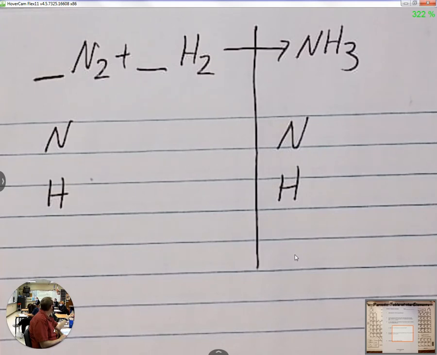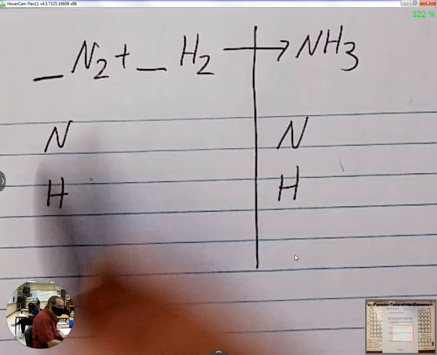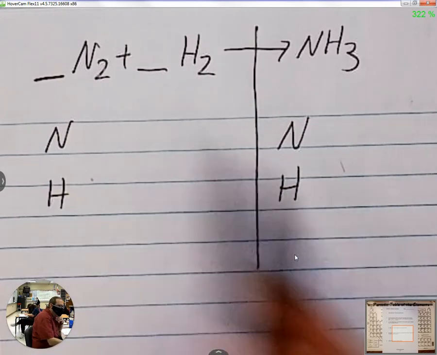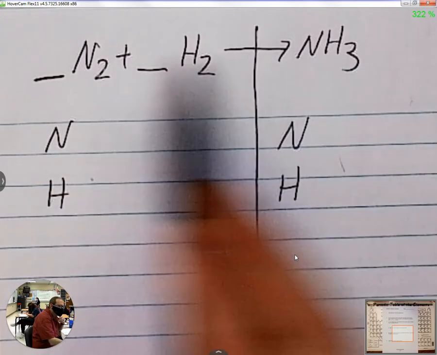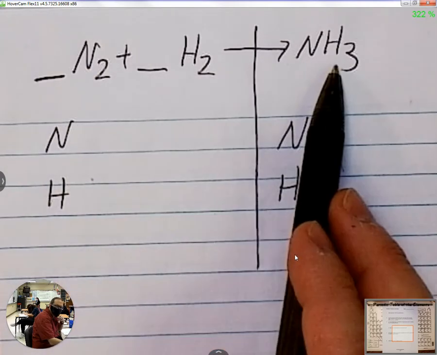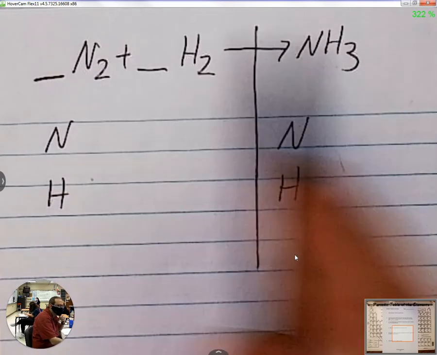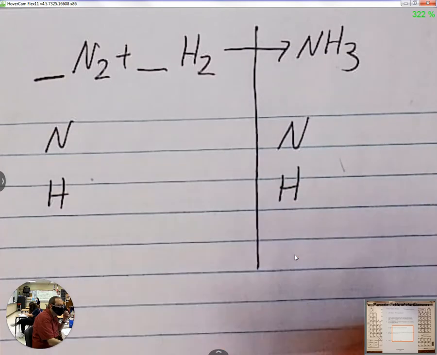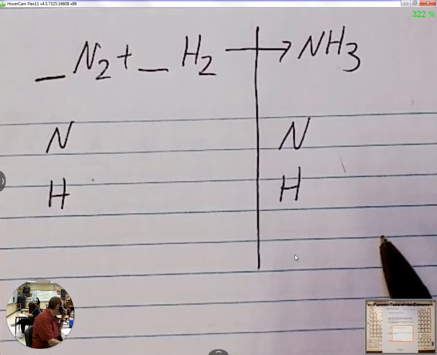Why do you go to a game? To watch the game. So would it be safe to say that the game is more important than the scoreboard rather than the other way around? I agree. So this right here is our scoreboard. This up here is the field, and these are the players. So we're watching what's going on the field, but we're keeping track of it down here on the scoreboard.